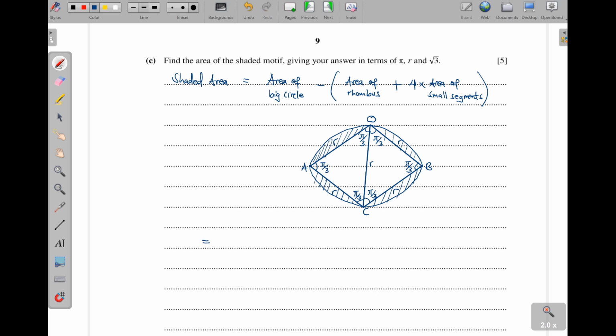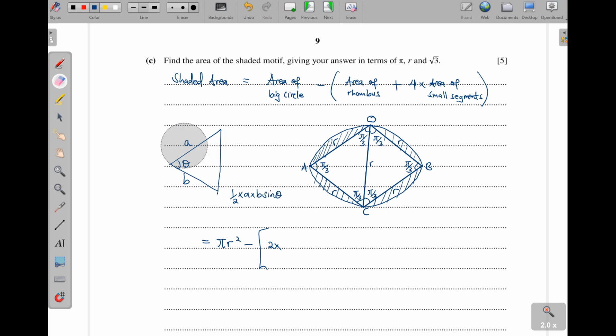Shaded area is therefore going to be equal to pi r squared, area of the big circle, then minus, we open the brackets here. Area of the rhombus is going to be 2 times area of one of the triangles, right? And you remember that a triangle which is not right angled, if you know the angle here and the two sides that are making that angle, then area is going to be a half times those two sides, then sine of the angle in between.